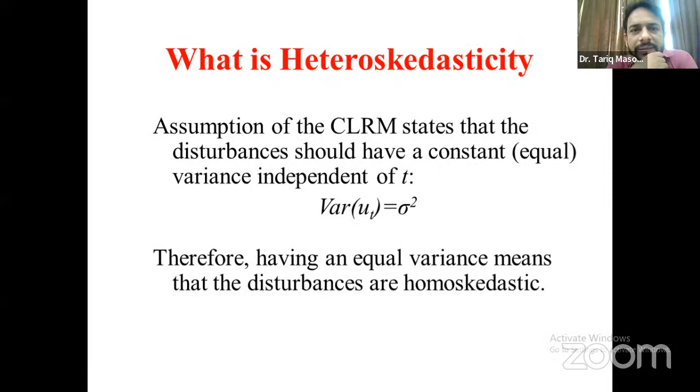issue that we will discuss is the violation of the homoscedasticity assumption. As I said, there is one assumption which says that the variance, or variability, of the disturbance term is constant. There is no change in the variance of disturbance.